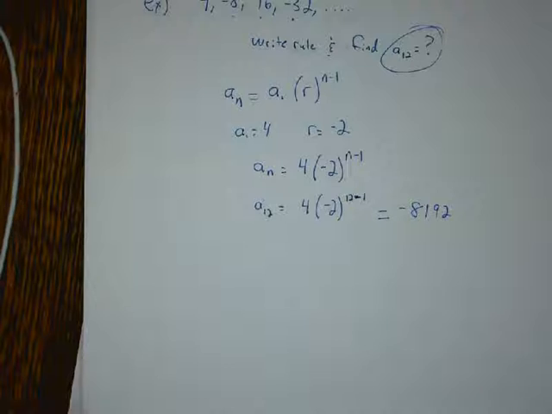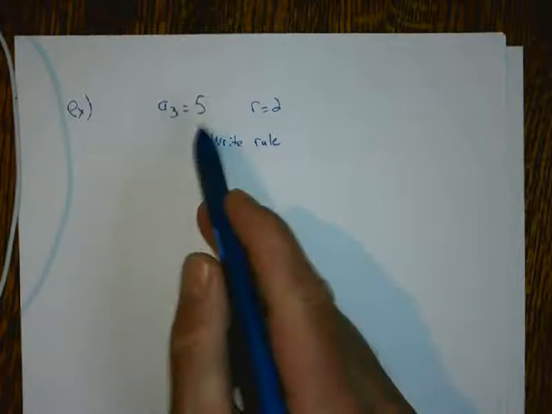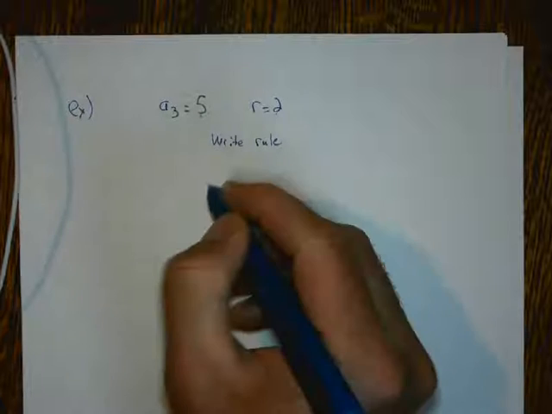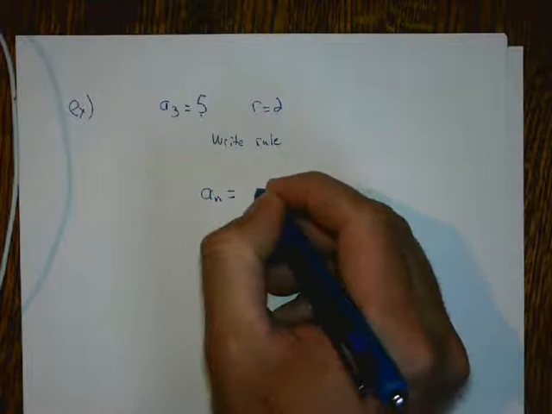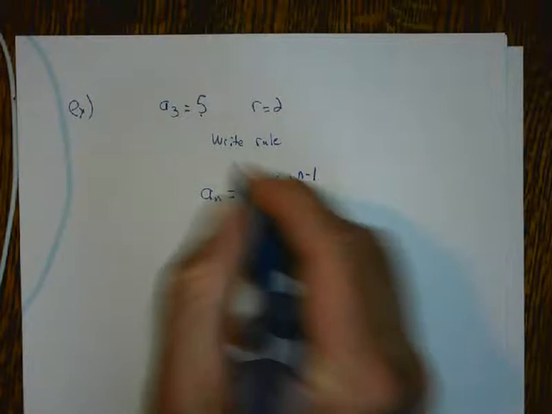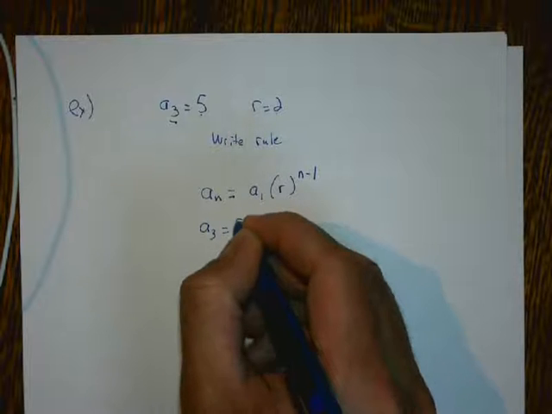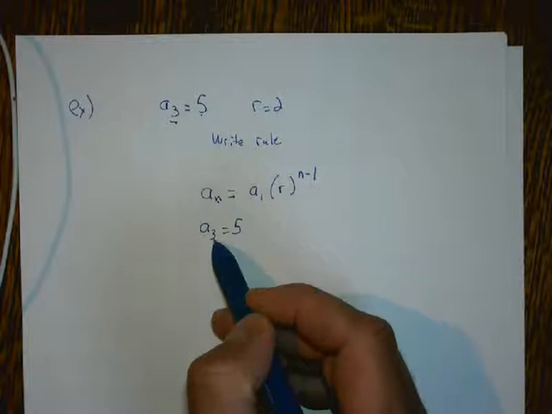All right. Another way we can do this is if I give you some term within the sequence, and I want to write the rule if I know what one term is and the rate. So the nth term is first term, rate to the n minus 1. Well, we happen to know the third term, so if I know that the third term is 5, that means my n value is 3.